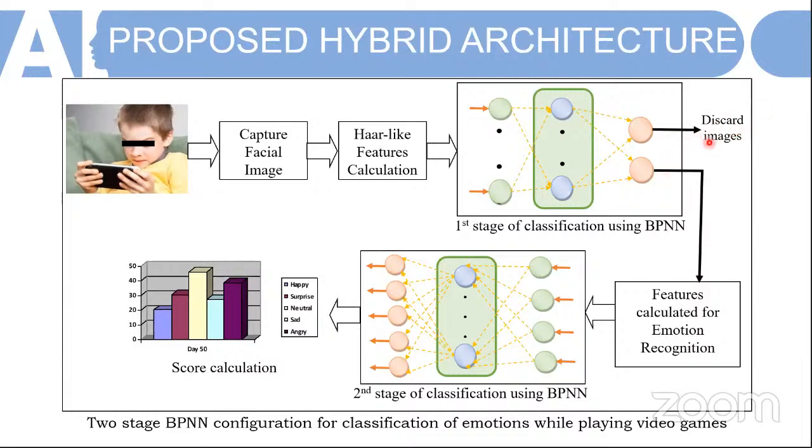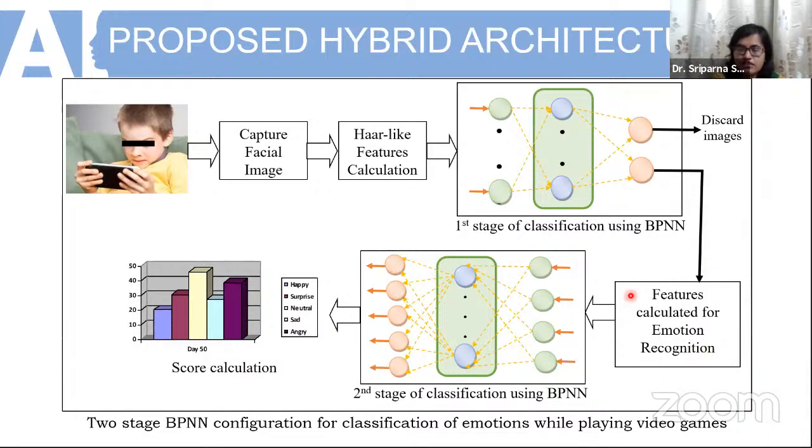If an image has a facial expression in it, then we need to take those images. So the first stage of classification using BPNN is to identify those images which have facial expressions in them. That is the first utility of this first stage of classification.